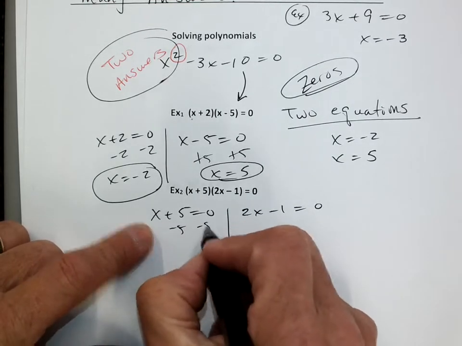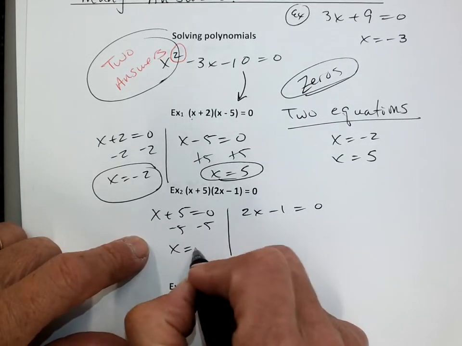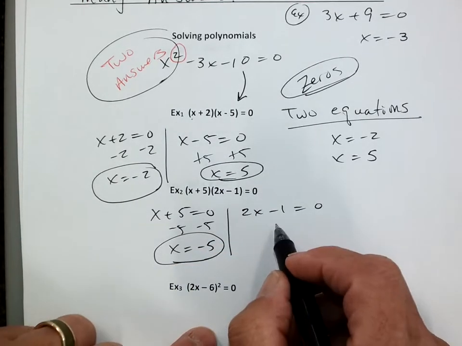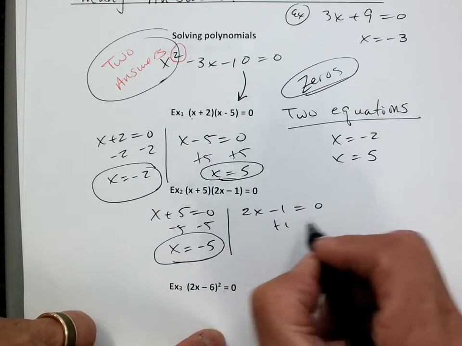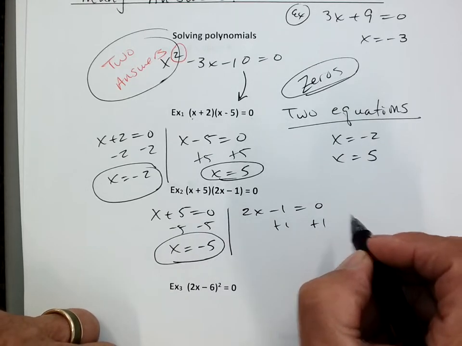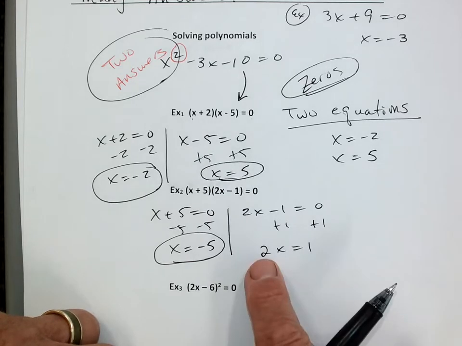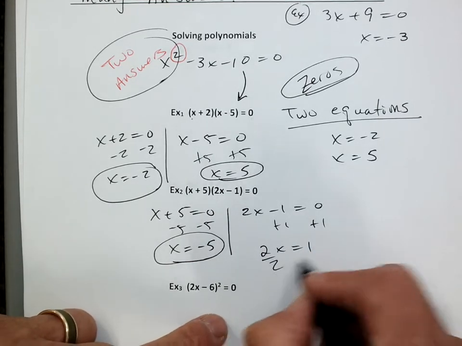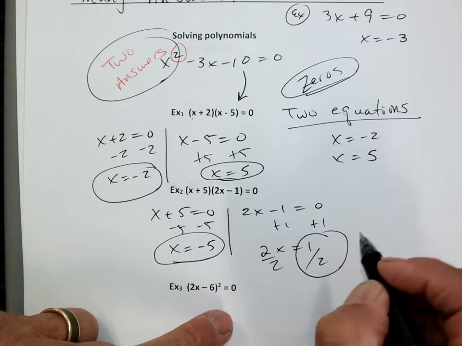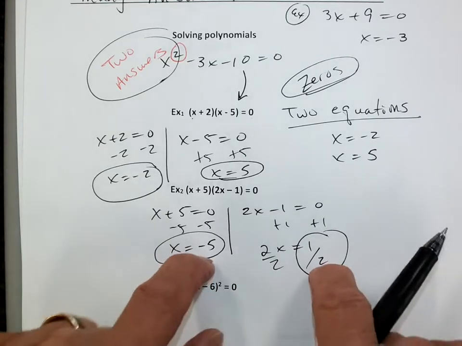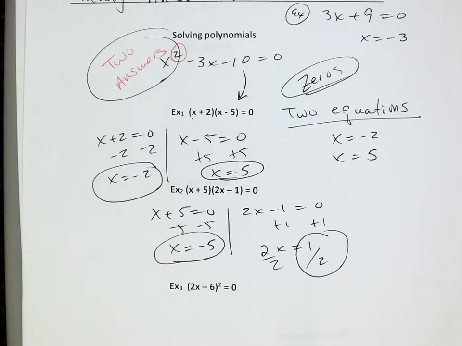Minus 5, x equals negative 5. There's one answer. This one here, we're going to go plus 1. We'll have 2x equals 1. Divide by 2, and the other answer is 1/2. So my two answers are negative 5 and a positive 1/2. That's how I get two answers.